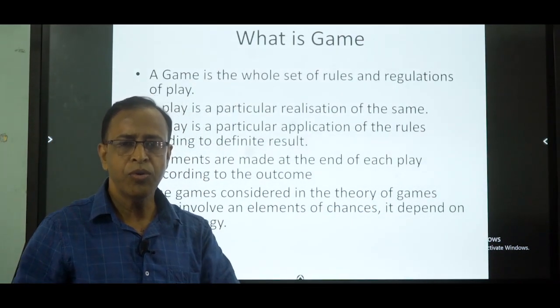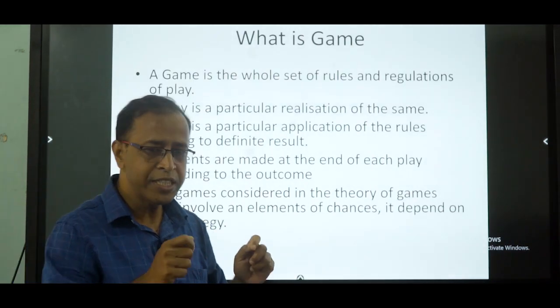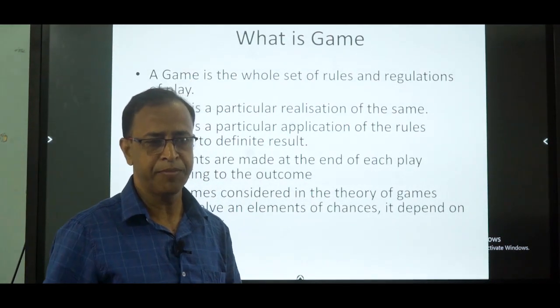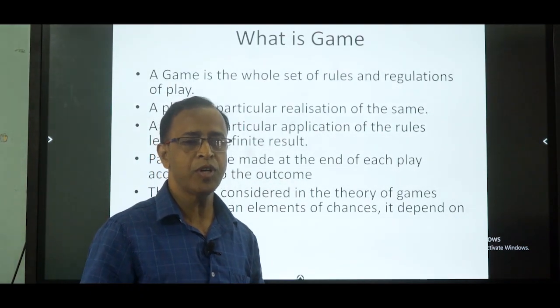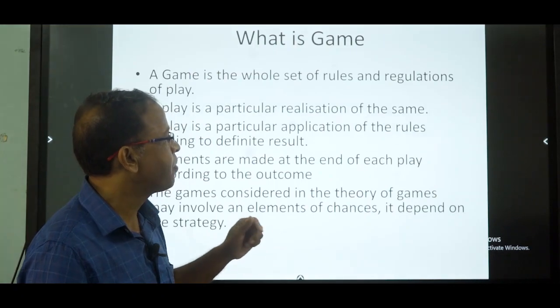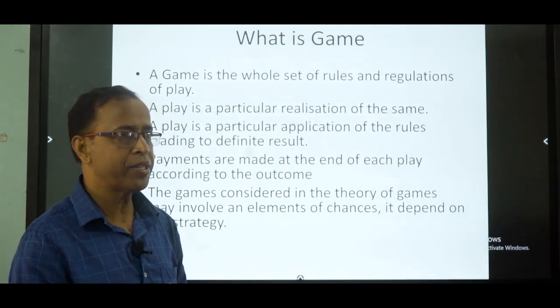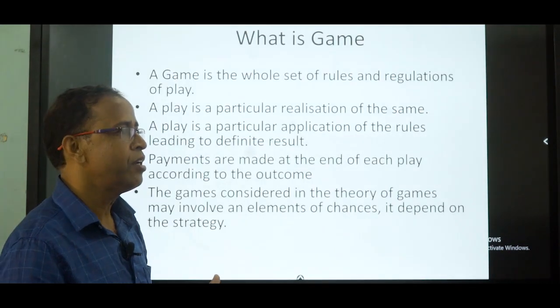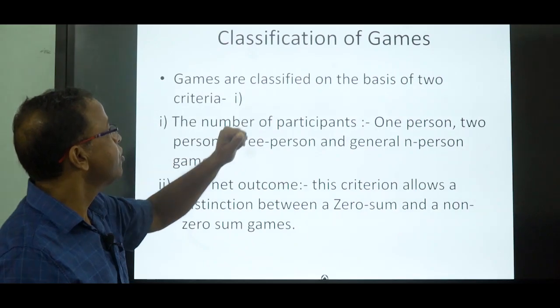That means who will gain from the game depends on the strategy of the players. What types of strategy are employed by the players, by the producers, and then automatically the outcome follows.